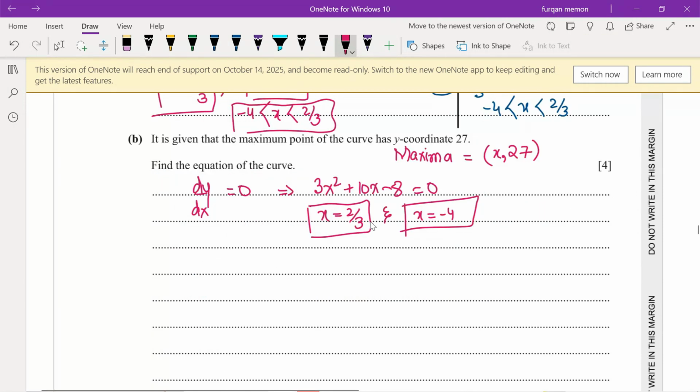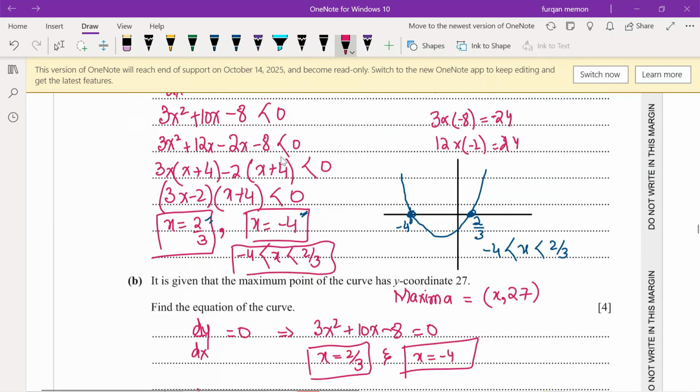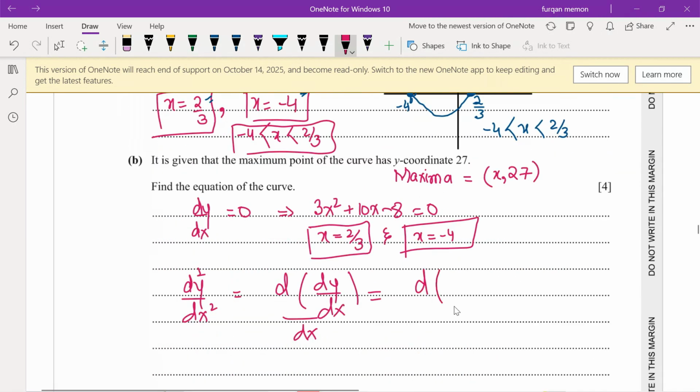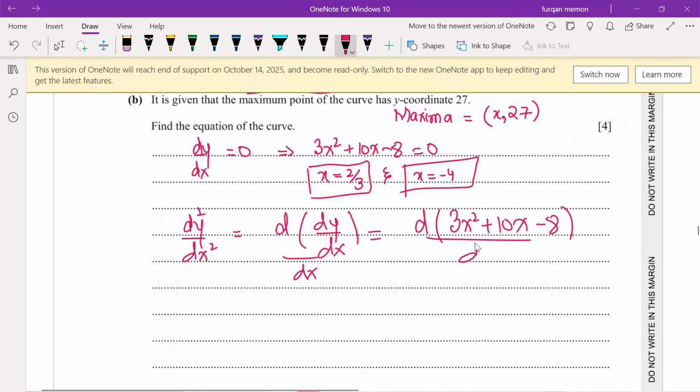To find which is minimum or maximum, we will use the second derivative, which is the derivative of dy over dx, the derivative of 3x square plus 10x minus 8, and that is 6x plus 10.